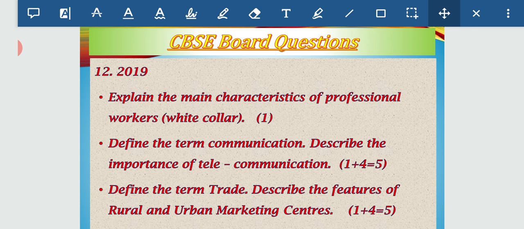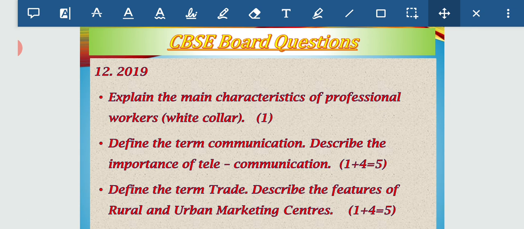They are there to disseminate messages and knowledge, so they are considered professional workers.